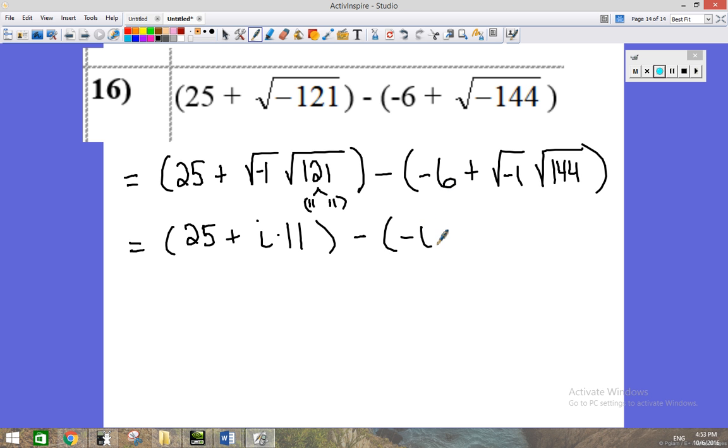I have a negative 6 plus, by definition, the square root of negative 1 is i, and I can break 144 into 12 times 12. I have a pair of 12, so one of them comes out from the radical. We normally write i times 11 as 11i.